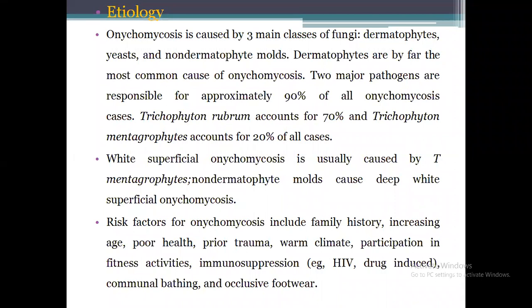Increasing age and poor health, as we know, immunocompromised patients are a population more prone to develop this disease. Prior trauma, warm climate, participation in fitness activities, immunosuppression like HIV and drug-induced, and communal bathing and occlusive footwear. These are the risk factors for developing onychomycosis.